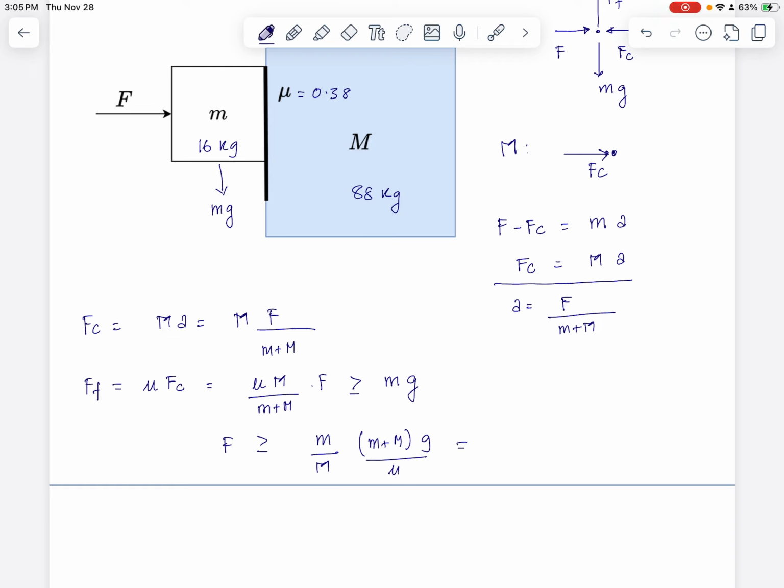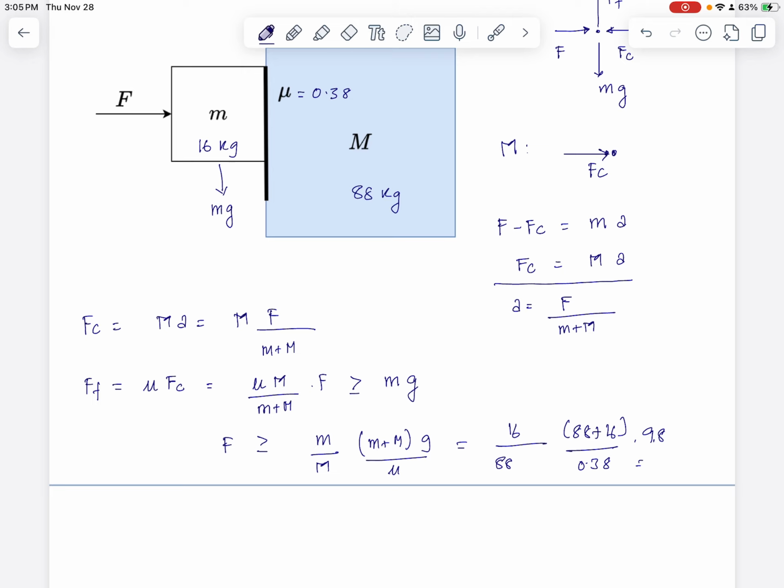This is 16 divided by 88, times 88 plus 16, divided by 0.38, times 9.8.